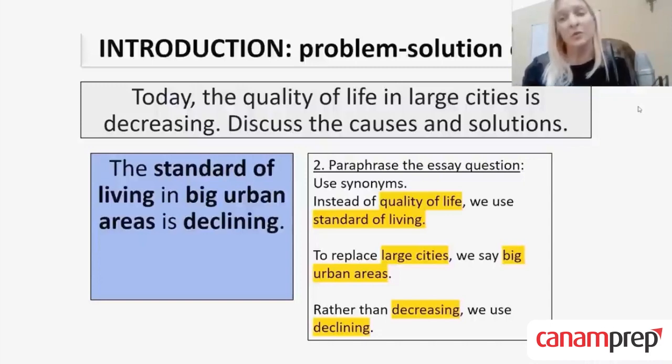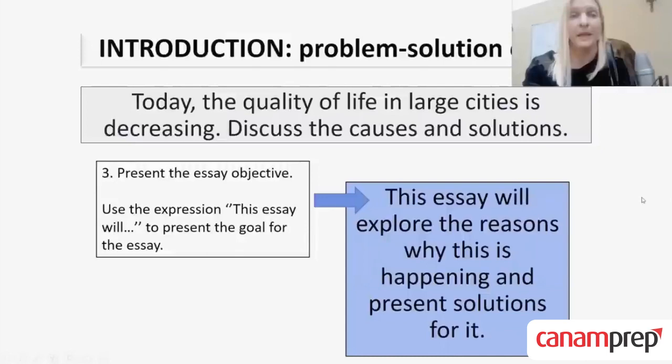So it is true, you do need to have an understanding of vocabulary in order to improve your score. So reading other essays may be a great practice in order to develop this use of synonyms. And number 3, we need to write the third part of the intro and the essay objective.